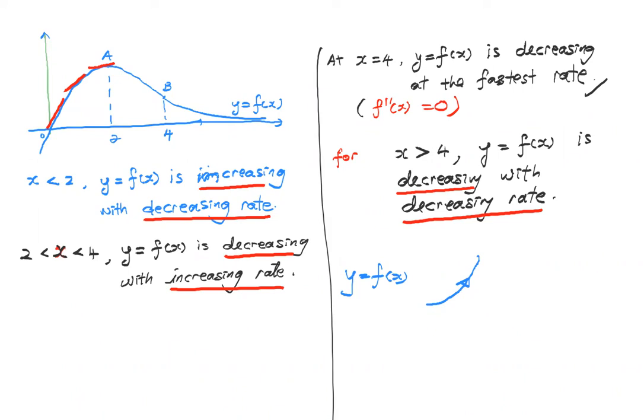So this one we will describe as y equal to f(x) is increasing with increasing rate. I purposely put this one down because we don't have this part in this graph. So now you know how to describe.